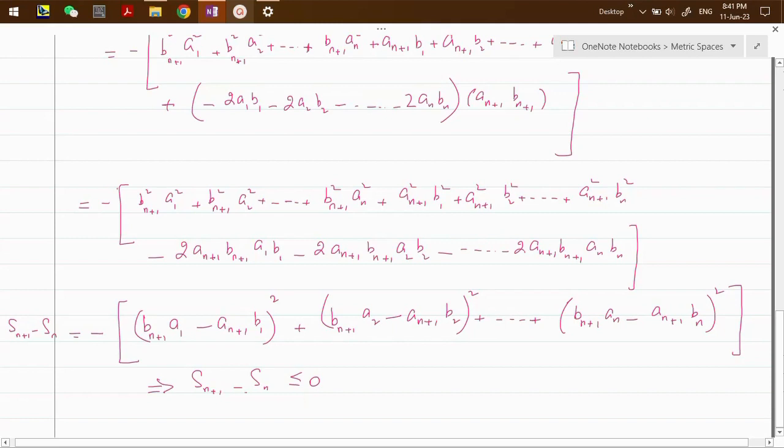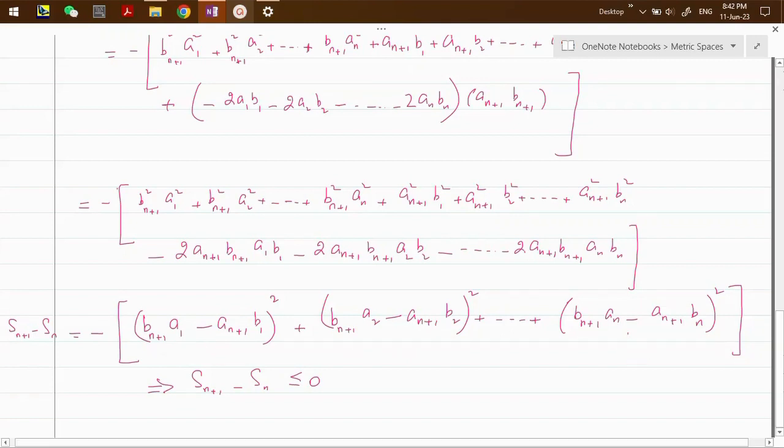It is 0 in one case because this term, this term, and this term, all these terms may be equal to 0. So Sn plus 1 minus Sn may be equal to 0.